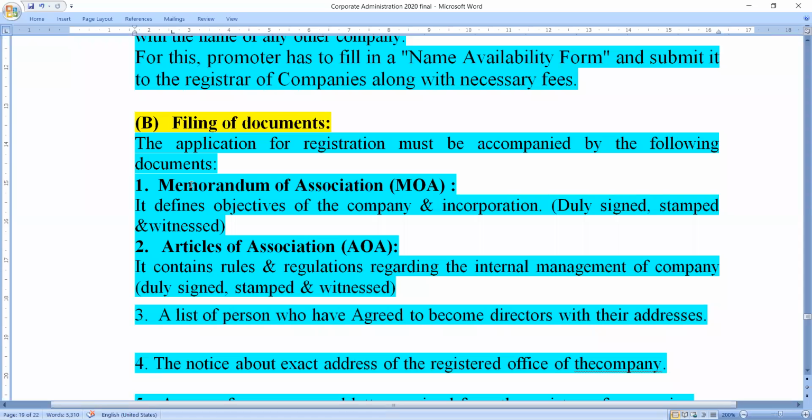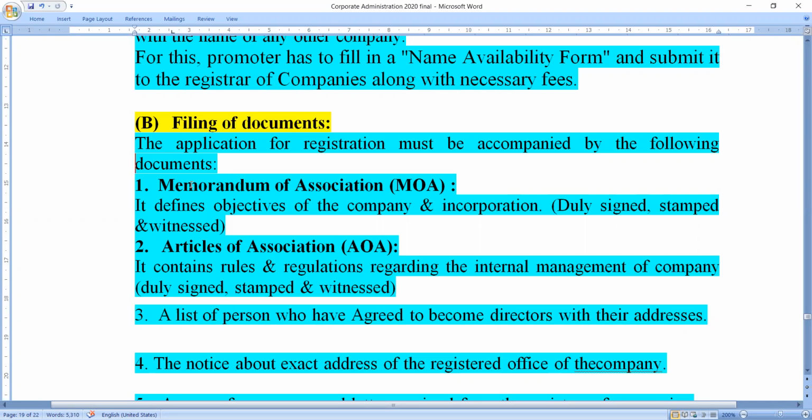In the first document, among the necessary documents, the first one is the Memorandum of Association. See what it means here: it defines the objectives of the company and the incorporation, duly signed, stamped and witnessed.